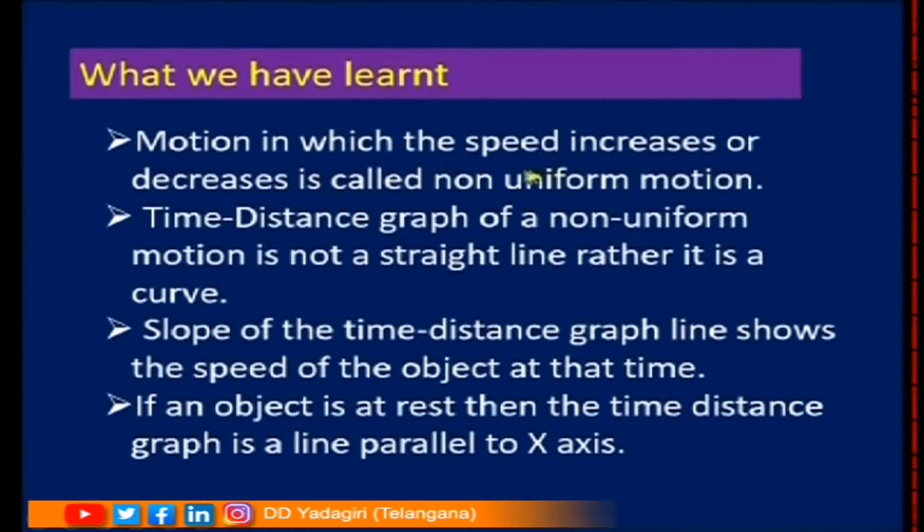Motion in which the speed increases or decreases is called non-uniform motion. The time-distance graph of non-uniform motion is not a straight line, rather it is a curve. The slope of the time-distance graph line shows the speed of the object at the time. If an object is at rest, then the time-distance graph is a line parallel to the x-axis.